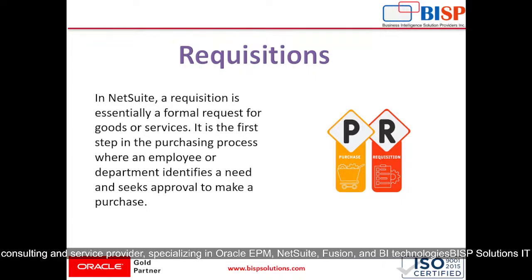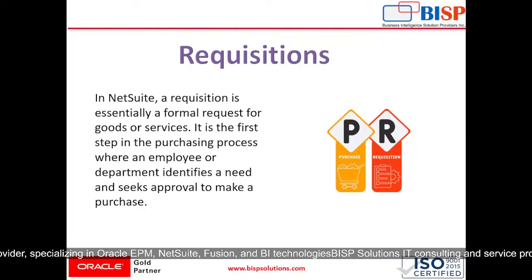After that approval, the requisition is converted into a purchase order, which is then sent to ABC Printing Services to order the brochures. This process helps organizations manage their purchasing needs efficiently and effectively, ensuring that all purchases are necessary, under budget, and approved before any money is spent.